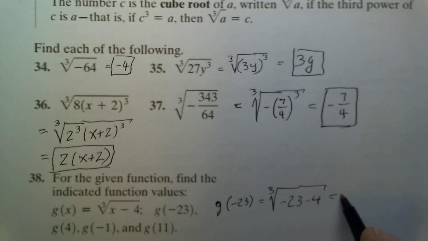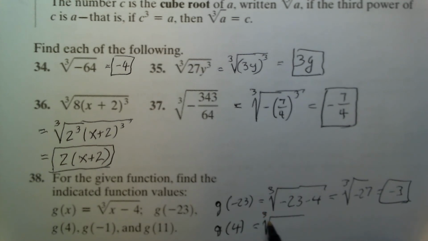And there would be the third root of minus 27, which is equal to negative 3. And g of 4 means we replace x with the number 4 in this expression. So the third root of 4 minus 4, which is the third root of 0, and that is equal to 0.